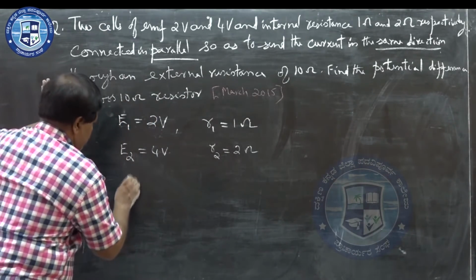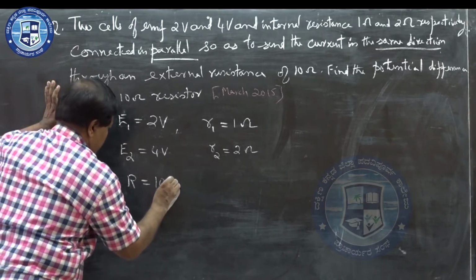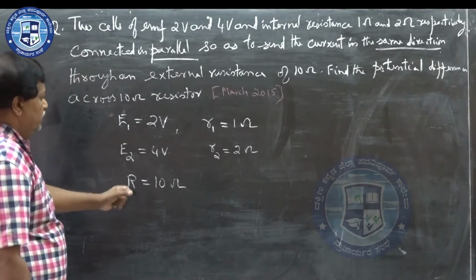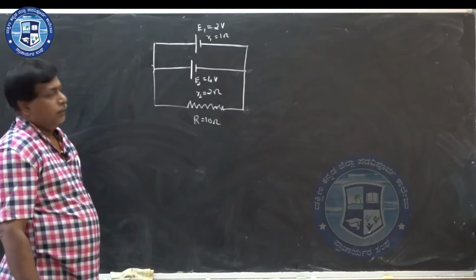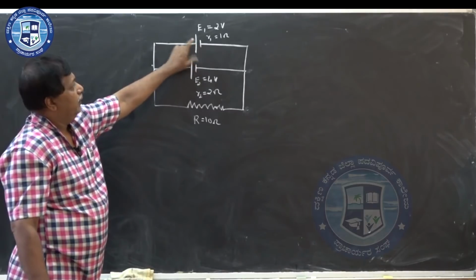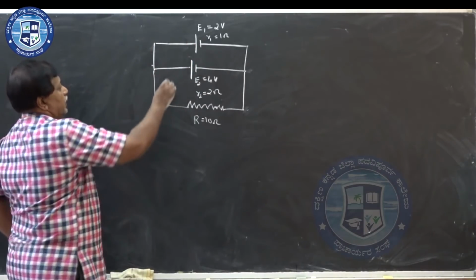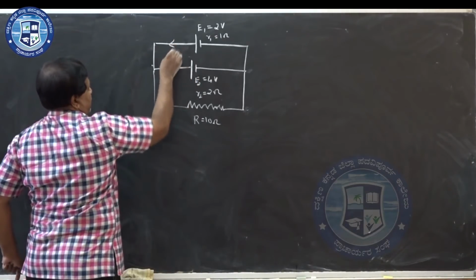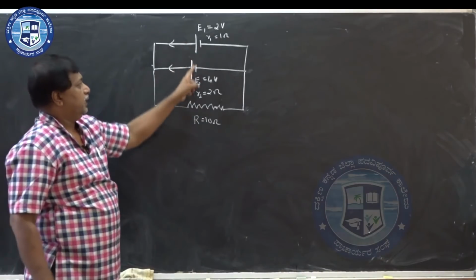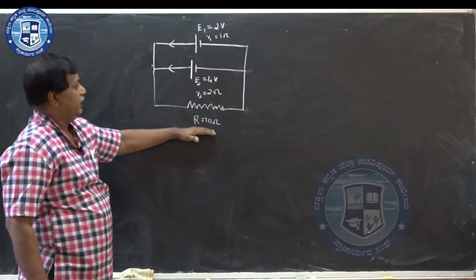The value of the external resistance is 10 ohm. We have to find the potential difference across this R. In the circuit diagram, one hint is given: current is in the same direction. So it is very clear how the cells are connected, and the external resistor of 10 ohm is connected here.